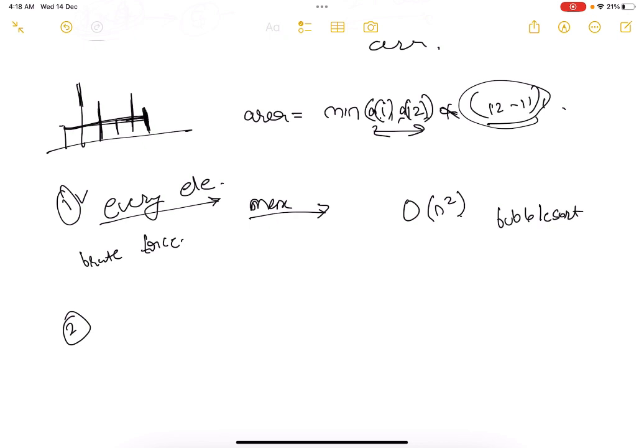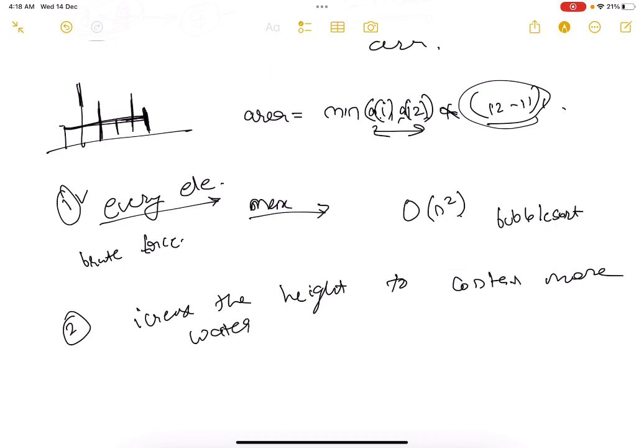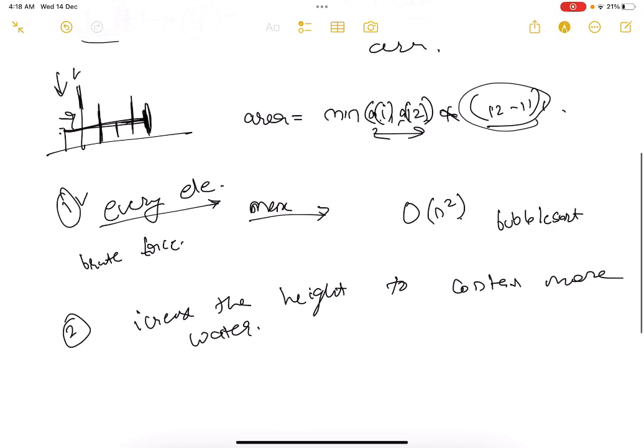So the method which we can observe is, we have to increase the height to contain more water, right? By this you can observe that to contain more water you can decrease 1 here and go to 4.